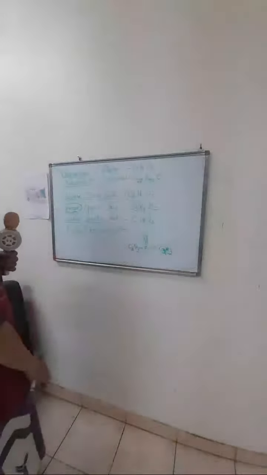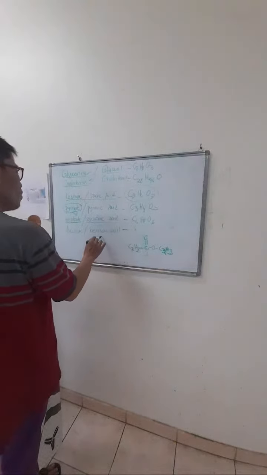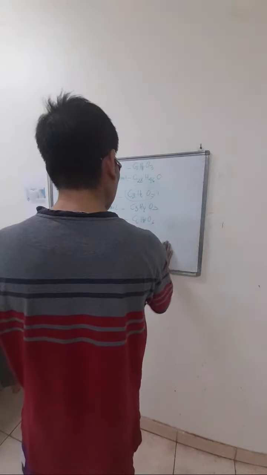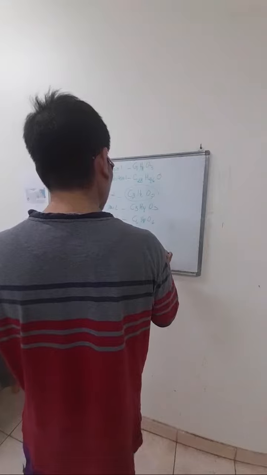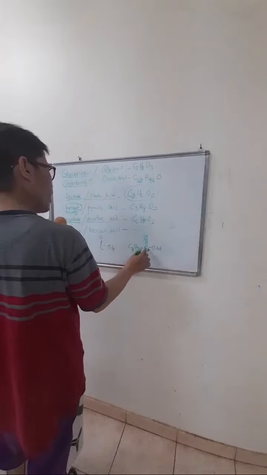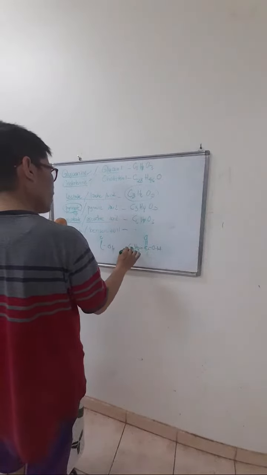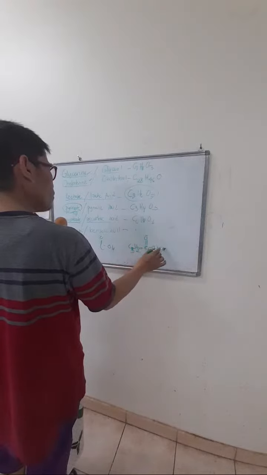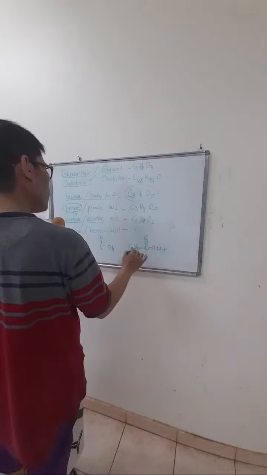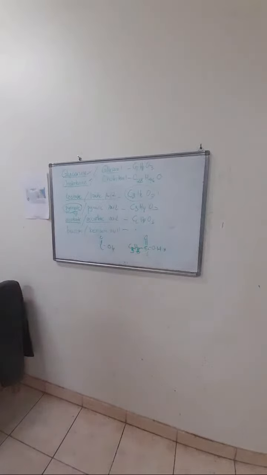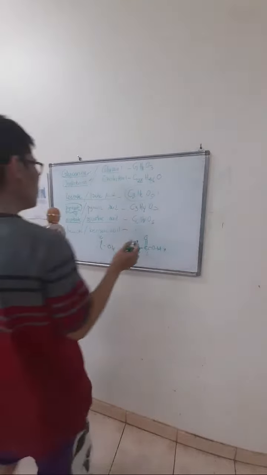Your benzoate will start with OOH, right? So you put the OOH here. Focus on your carbon number 6. Since this one is 5, meaning you have also 5. 1 plus 5 is 6, right? So it is going to be COOH C5H5, that is benzoic acid.